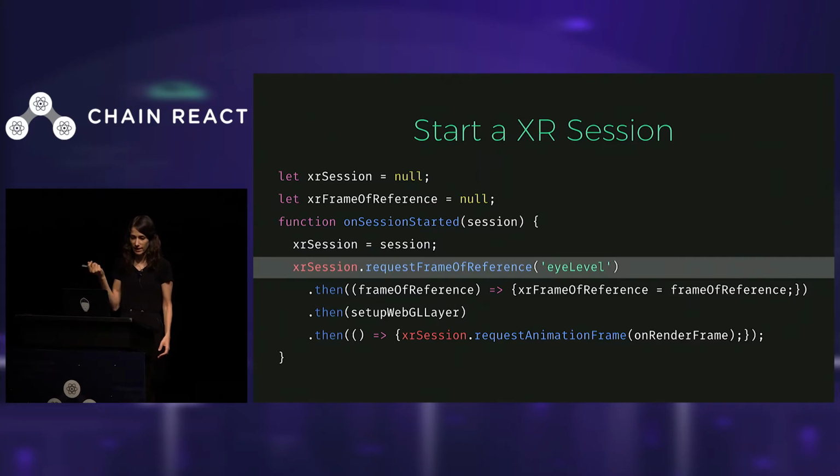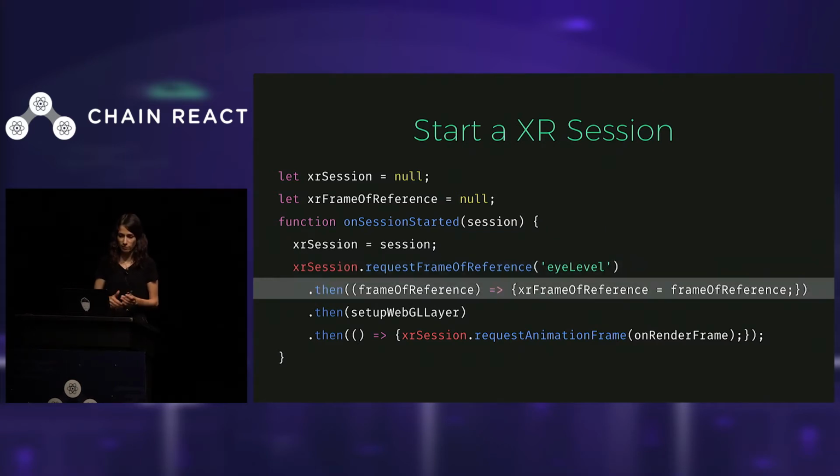Then with eye level, the origin is also approximately the user's head, but this time it moves with the viewer. And stage means that the origin of the coordinate system is the center of the room at floor level, and it stays the same even if the viewer moves, which you can use when you have room scale VR.